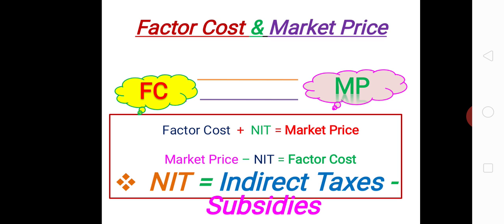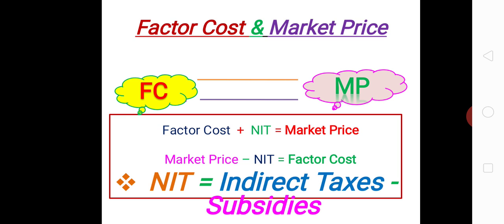The third concept or third adjustment is factor cost and market price. We have already discussed market price and factor cost. Now, how to convert market price into factor cost and factor cost to market price?